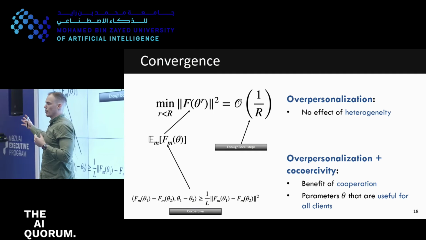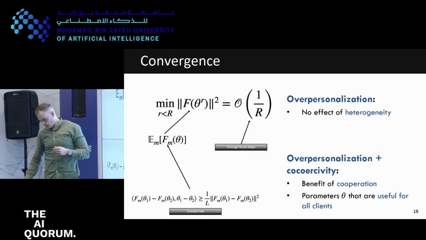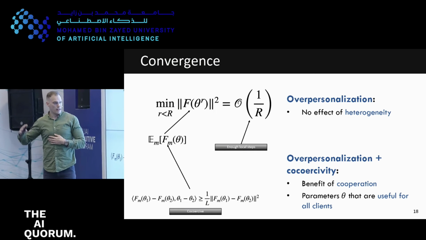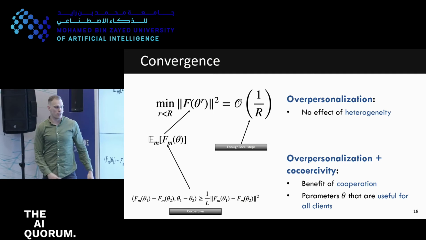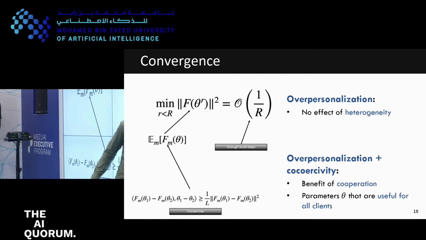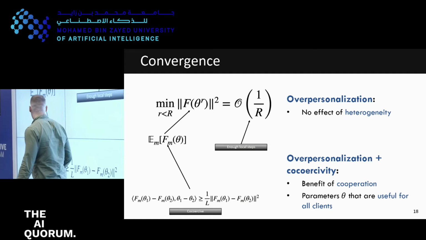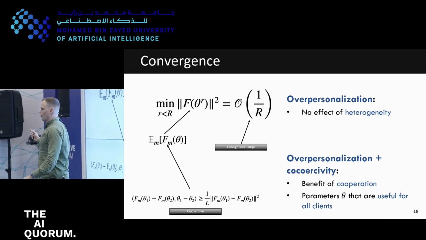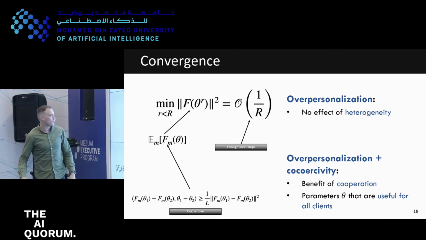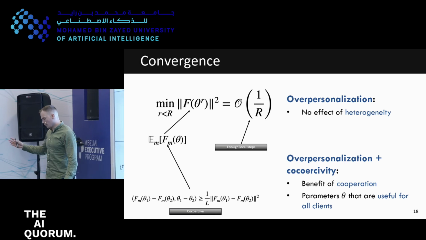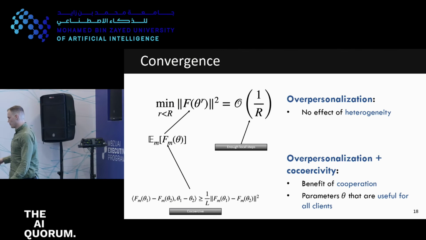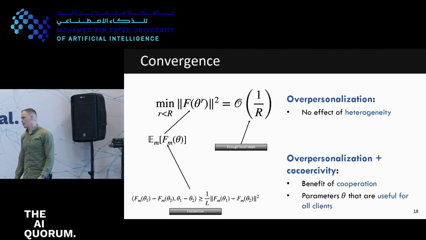Therefore, if you have a new client that just joined, they can just start with the parameter theta as their good global model, and all they have to do is fine-tune W, the local parameter, in order to get the best performance.